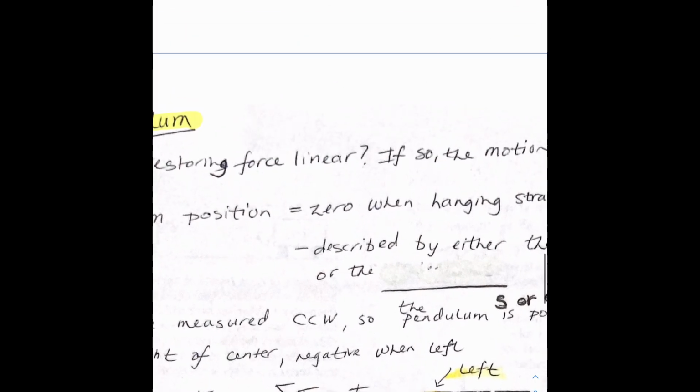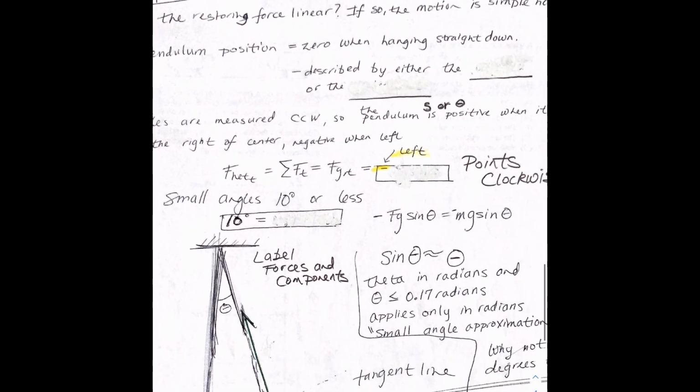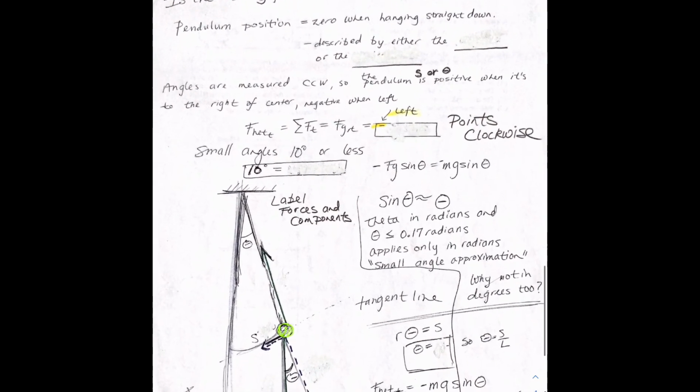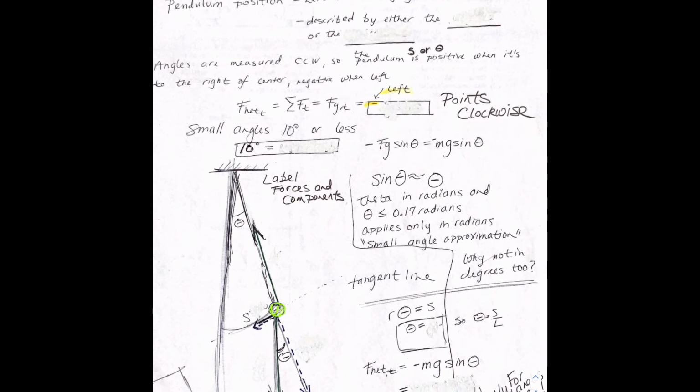Okay, so if so, the motion is simple harmonic. Pendulum position, 0 when hanging straight down, can be described two ways. We can describe it by the angle or the arc length.